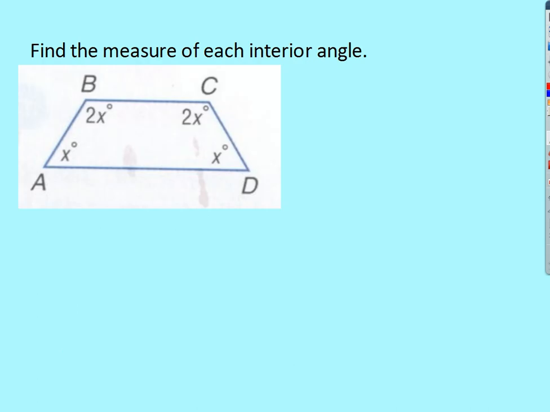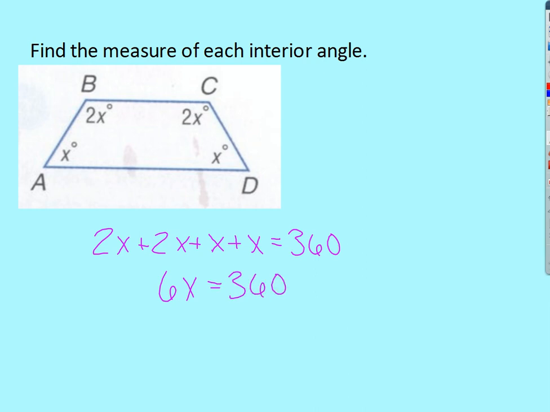On this example, we have the same concept. It still has 4 sides, so we still know it's going to add up to 360 degrees. When we combine like terms, 2x plus 2x gives us 4x, plus x is 5x, plus another x gives us 6x. Now we have 6 times x.